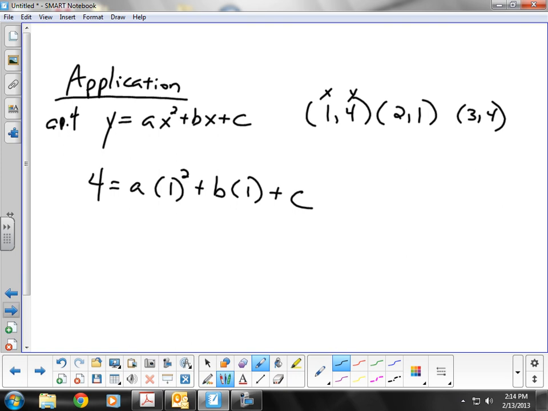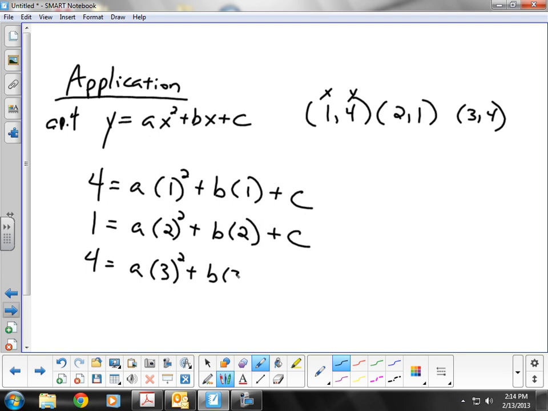Then I get a second equation from the next point. So I get 1 is equal to a times 2 squared plus b times 2 plus c. And then I get a third equation that says 4 is equal to a times 3 squared plus b times 3 plus c.